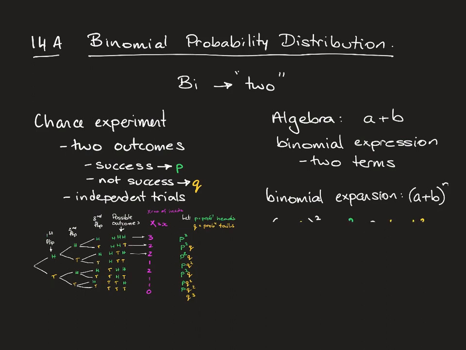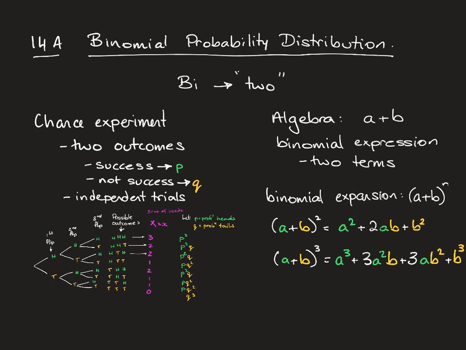We've done this before, where we've looked at perfect squares and perfect cubes, and we get patterns in our binomial expansion. We're going to tie our binomial expansion together with our probability experiment to define what a binomial probability distribution is.